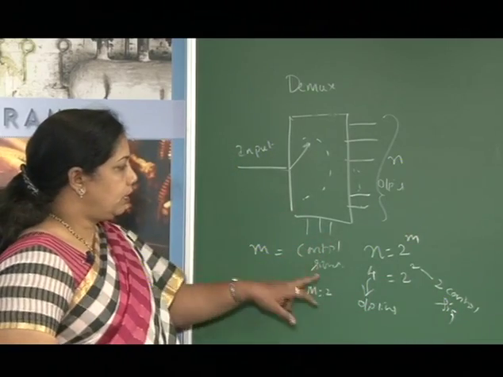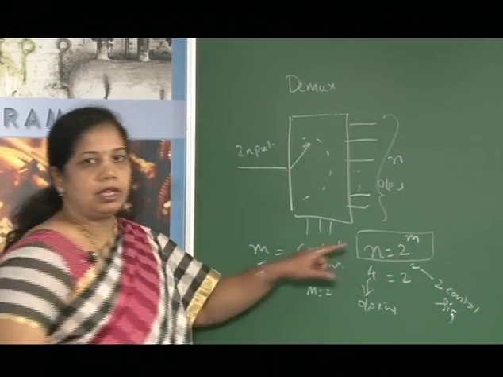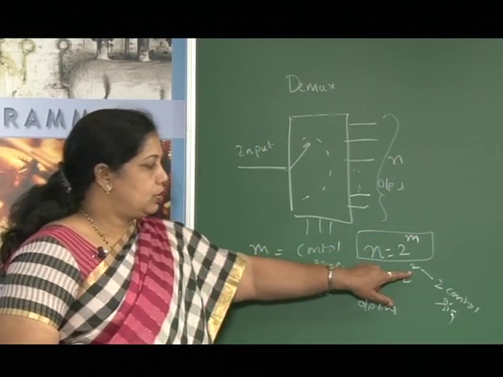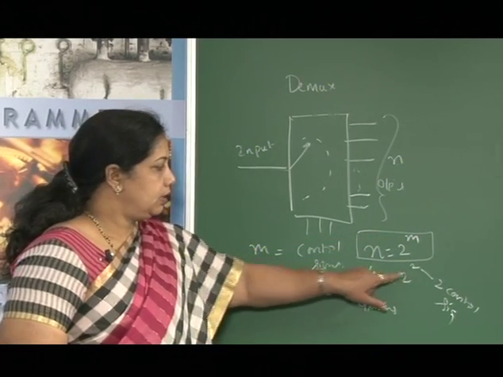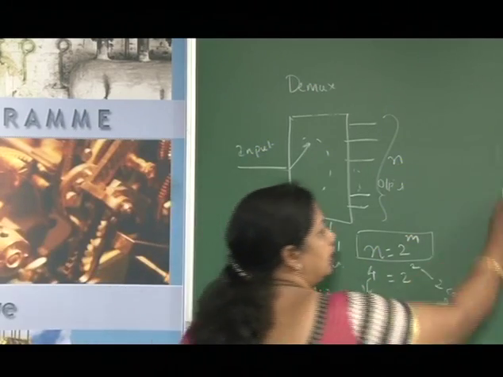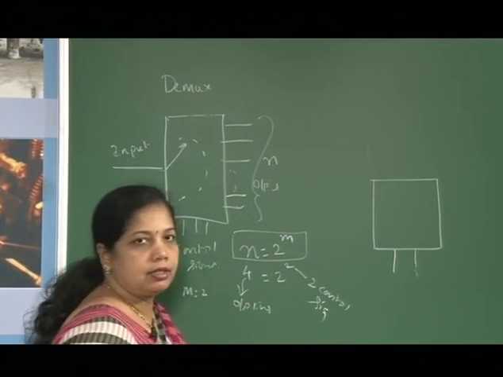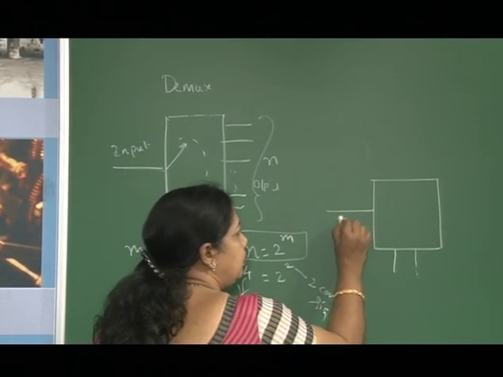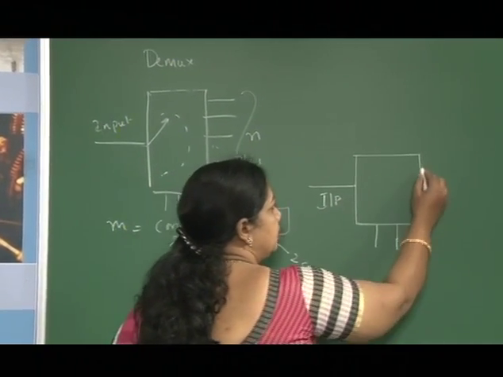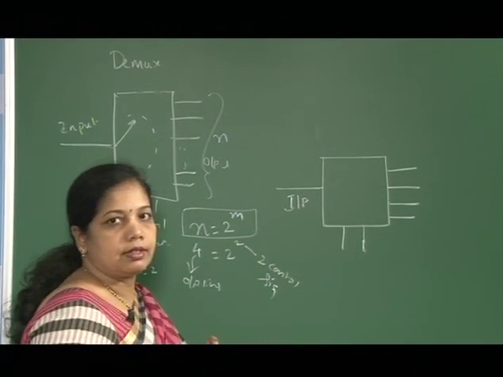So whenever I am going to design, there is a relation between n and m: n is equal to 2 power m. Whenever I have m equal to 2, my n value will be 4. My input is fixed, one input, and I write 2 control lines and 4 output lines.